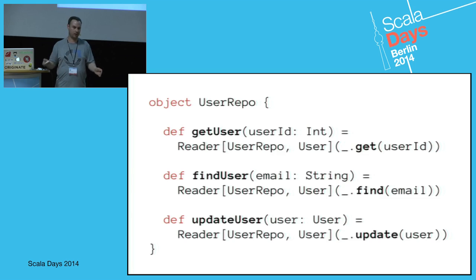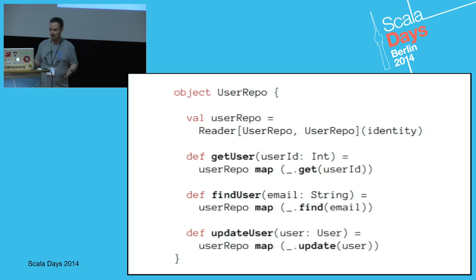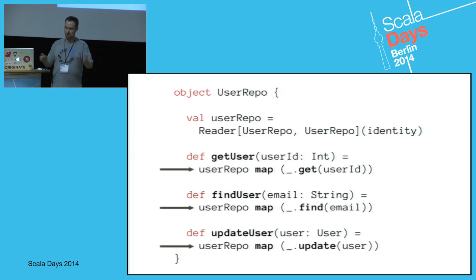Readers are so composable, I like to have as few primitive readers and compose the rest out of those. So one way to do that is to just create one top-level reader that just wraps the identity function, and now I can define the other readers by just mapping over that. And this is exactly equivalent to the way I had it on the previous slide.